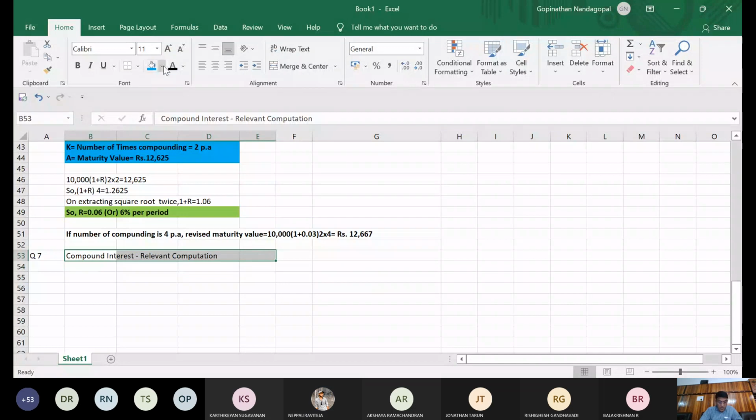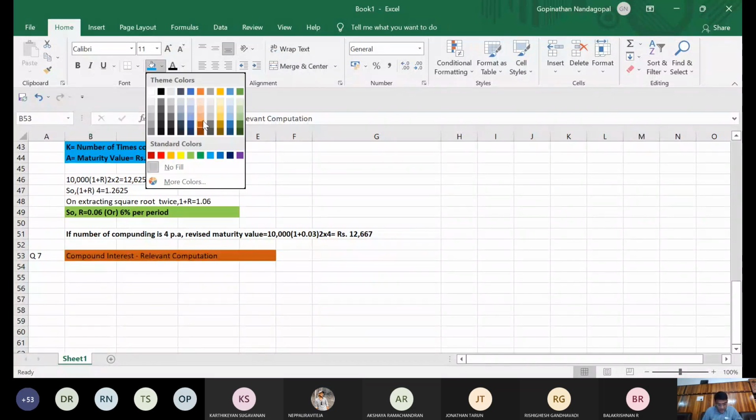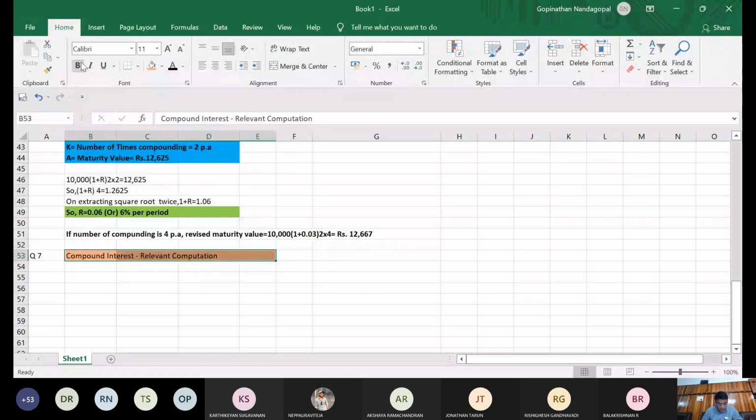Okay, now read n k equal to 6. Now there are 3 questions. How much additional amount did the person invest on October 1st?